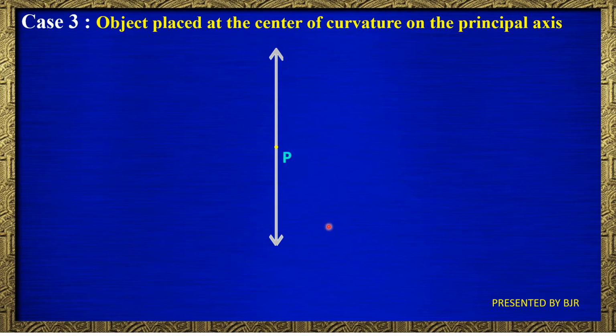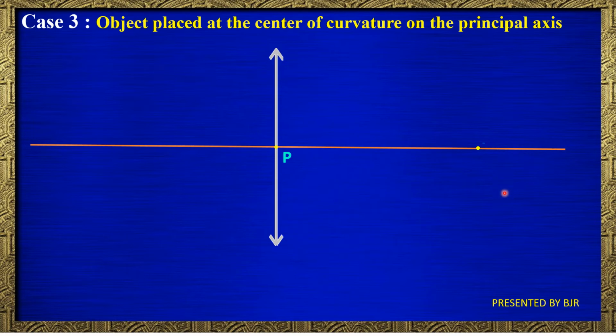Here P is the optic center, this one is the principal axis, and C1, C2 are the centers of curvatures.